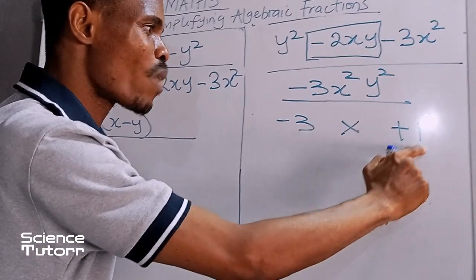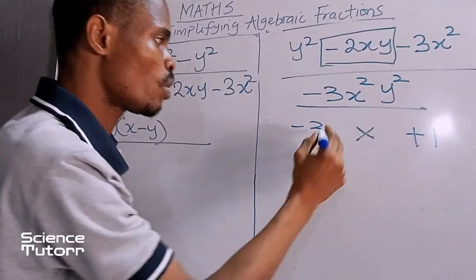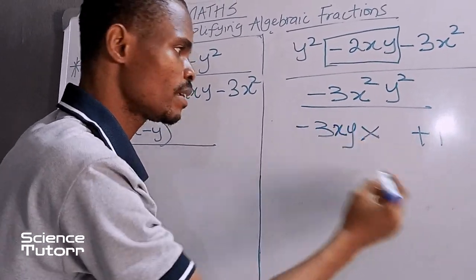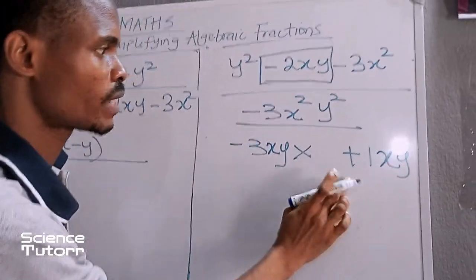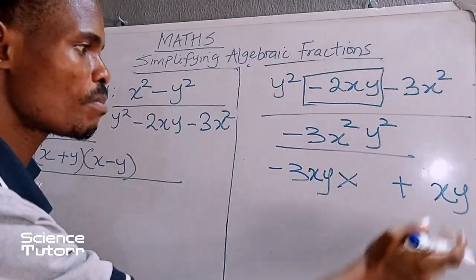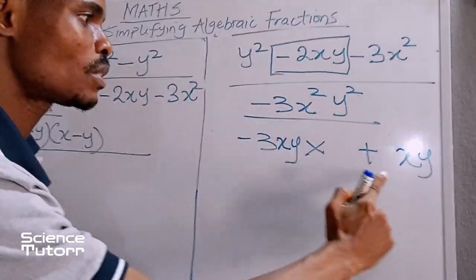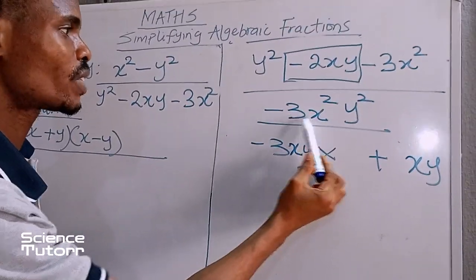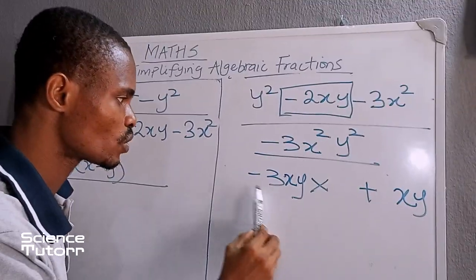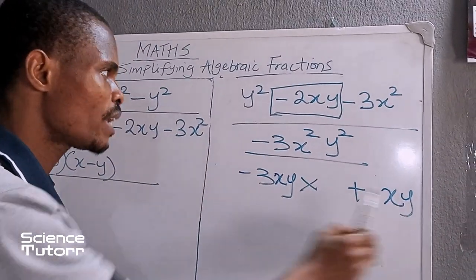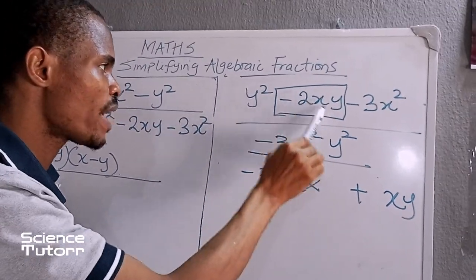Minus 3 plus 1 will give us minus 2. So if I'm introducing xy and then xy, it takes care of the 1, xy also means 1xy. So minus 3xy times xy will give us minus 3x squared y squared, while minus 3xy plus xy will give us minus 2xy.